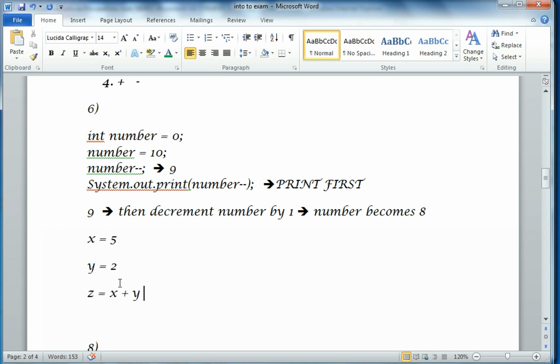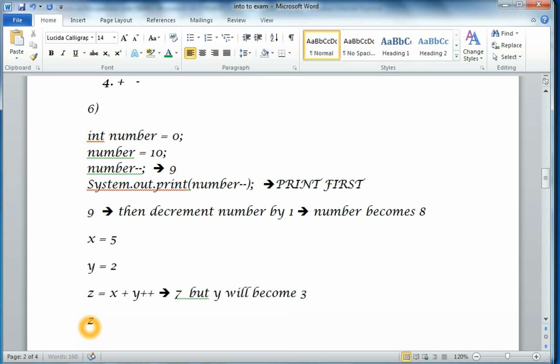But if we have something like this, x plus y plus plus, what this does is it will add the 2 first, x plus y, which is 7. Okay, so the answer will be 7, but y will become 3. Sorry, not 8. Y will become 3. Okay, after the processing is going on, after that, then it increments y by 1, which becomes 3.